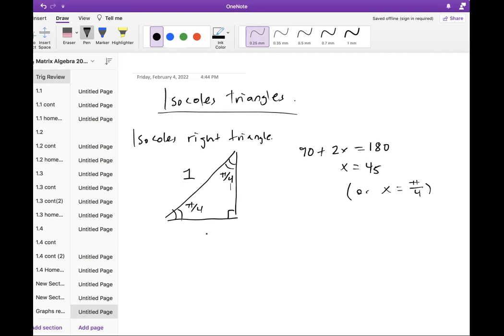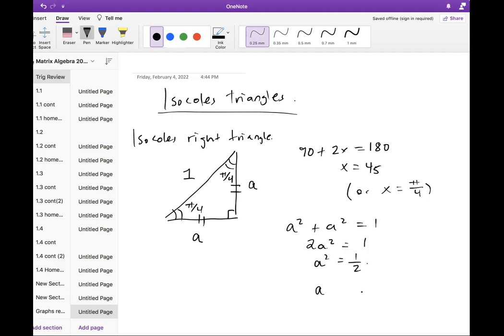And we could also figure out what the side lengths are because it's isosceles, right? This length must equal this length because equal angles are opposite equal sides. So by the Pythagorean theorem, if this is a, we have a squared plus a squared is equal to 1, or 2a squared is equal to 1. a squared is equal to 1/2.